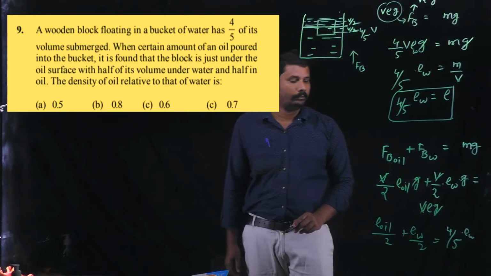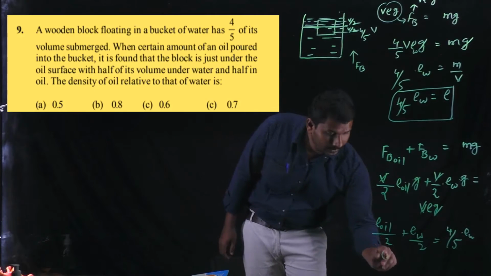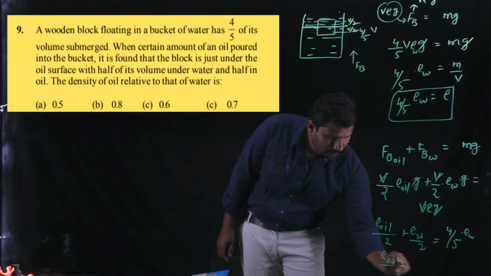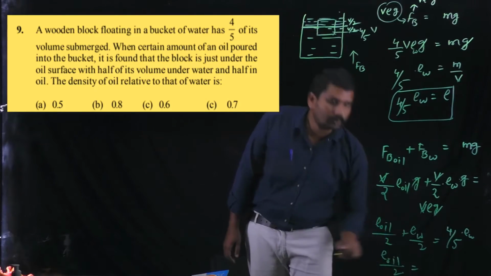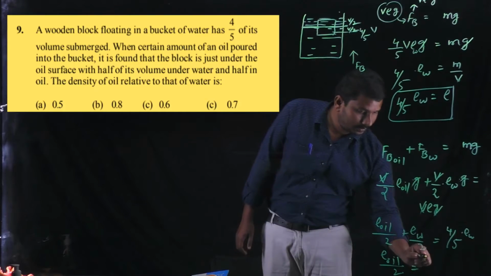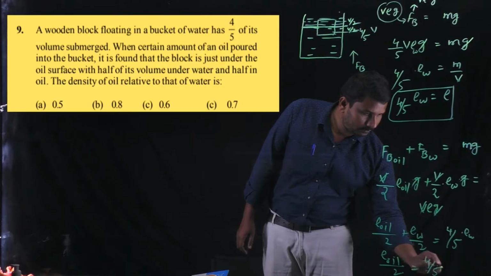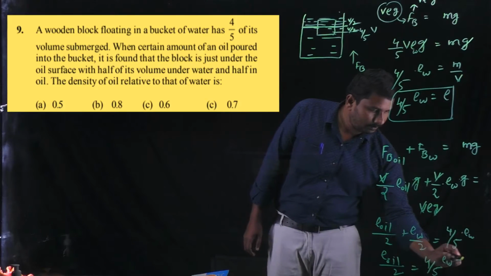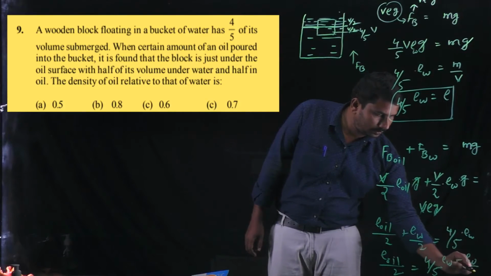Now density of the oil by 2 is equal to, by taking this term to the RHS, 4/5 rho W minus rho W by 2.